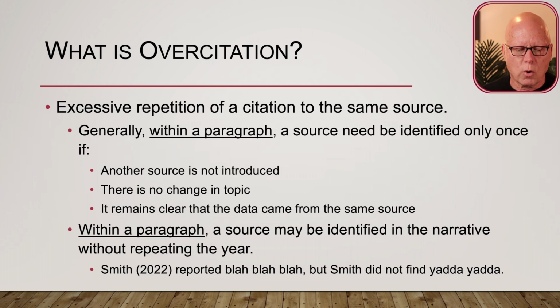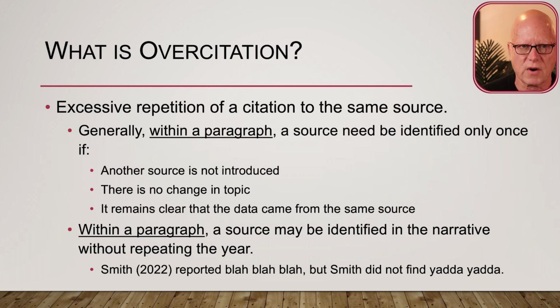On the other side of the coin, what is overcitation? Overcitation just really creates a distraction to the reader. It's the excessive repetition of a citation to the same source. The way to think about this is by paragraph.